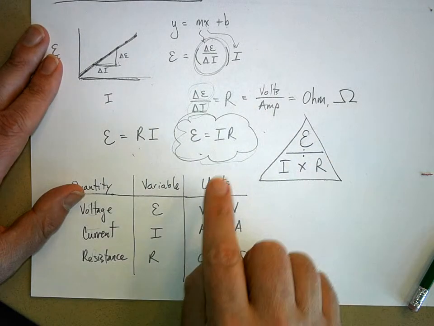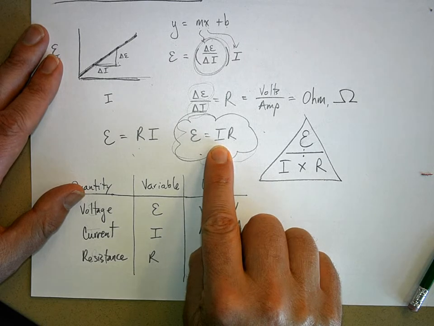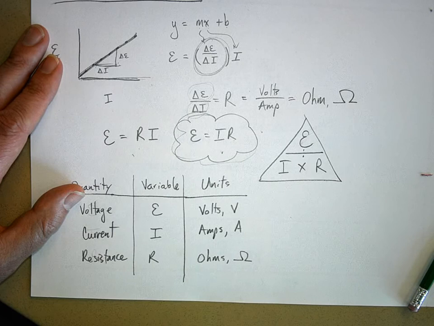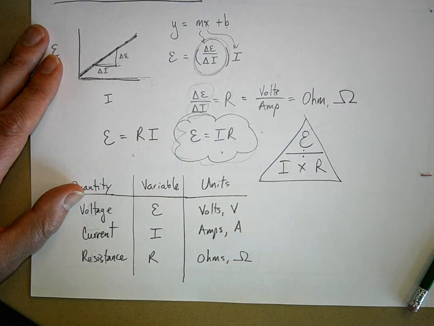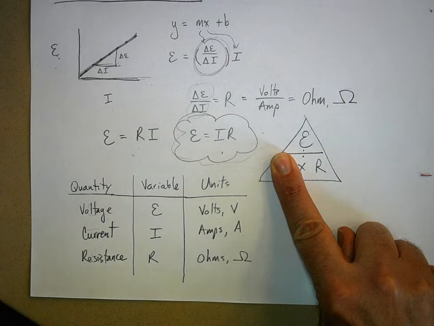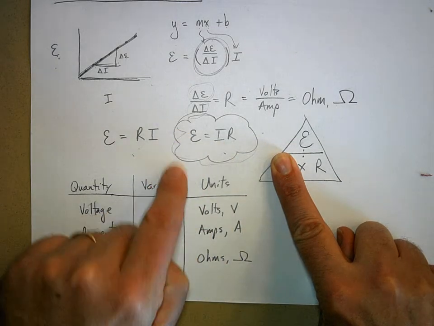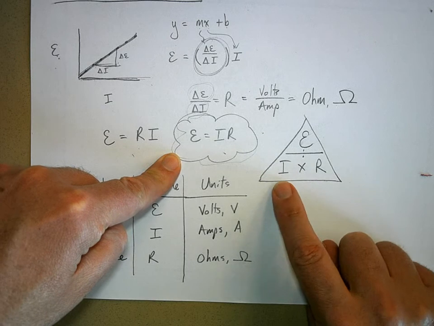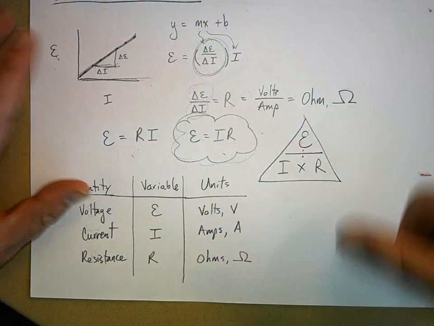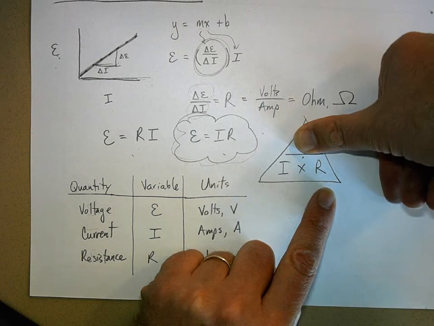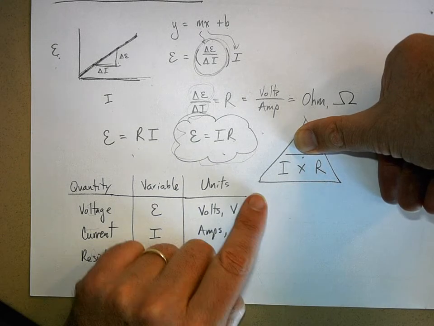Or you can just use algebra: divide both sides by current, and you get resistance equals E over I. What if I want to know the current? Cover up the current, and it's E over R. Divide both sides by resistance. What if I want to know the voltage? Cover up the voltage, and it's I times R. Current times resistance gives me voltage.